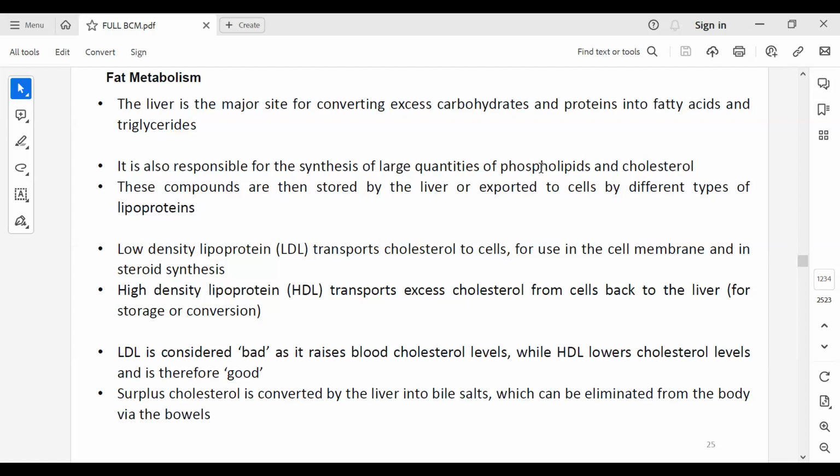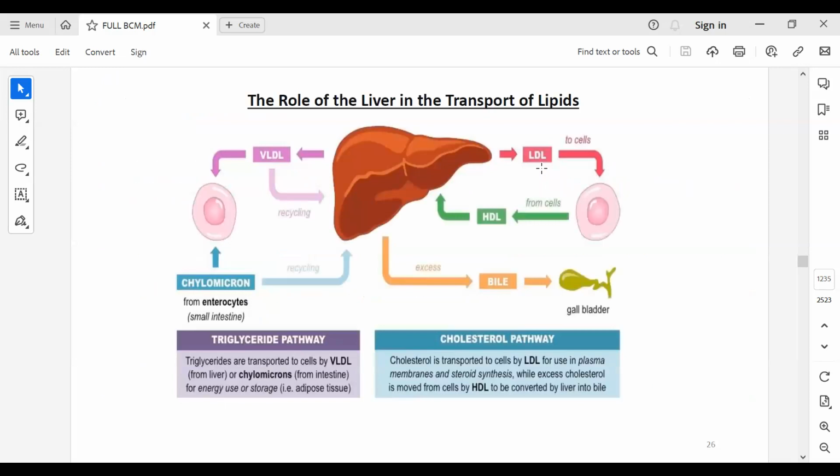So it can be stored by the liver or also stored in the fatty cells in the lipoproteins. And we already know about LDL, the low density lipoprotein, and high density lipoprotein. We also have the very low density lipoprotein. And of course, we know that LDL is considered the bad cholesterol and HDL is considered the good cholesterol.